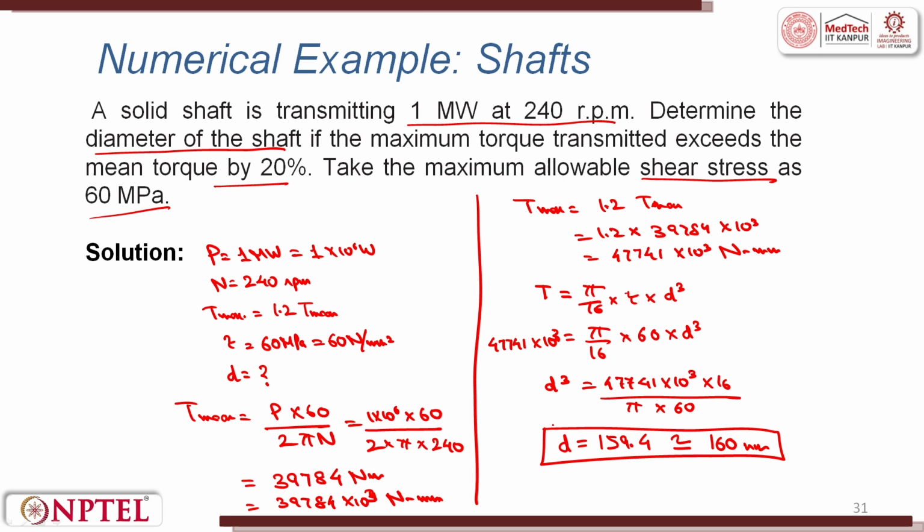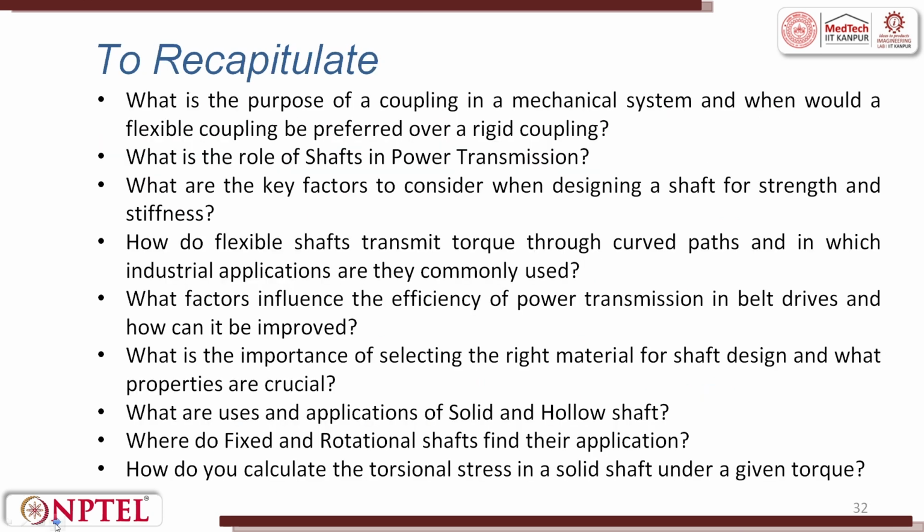These were a few numericals. So, let us try to just recapitulate what we discussed in this lecture. The questions that you could ask yourself or try to intrigue yourself to solve while going through this lecture and also going through the reference material. First is, what is the purpose of coupling in a mechanical system, and when would a flexible coupling be preferred over a rigid coupling?